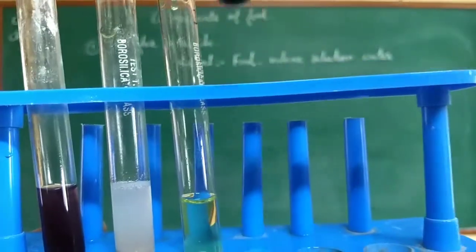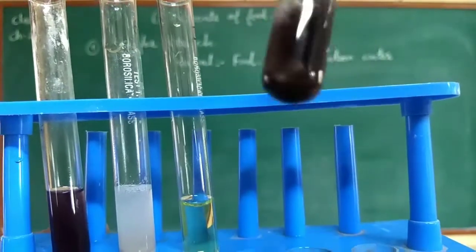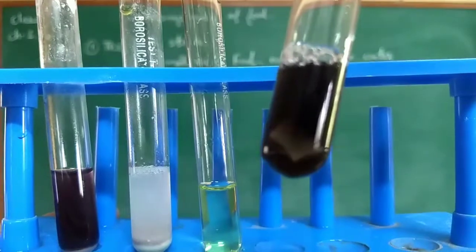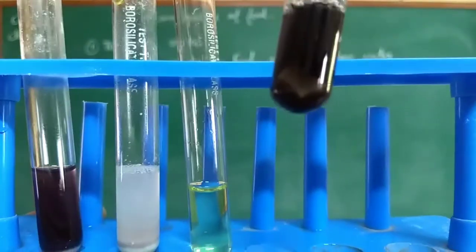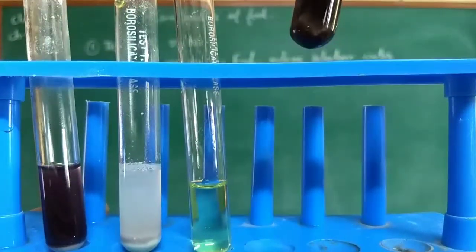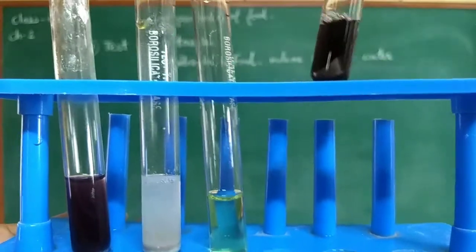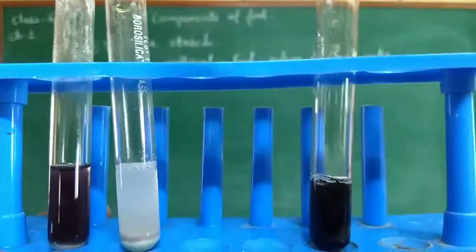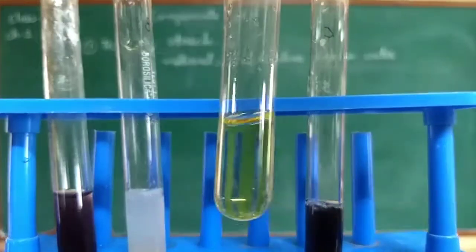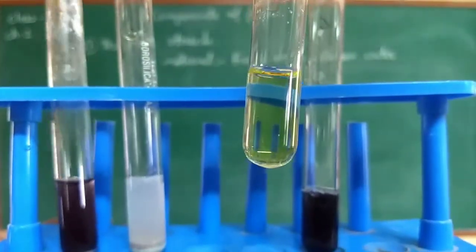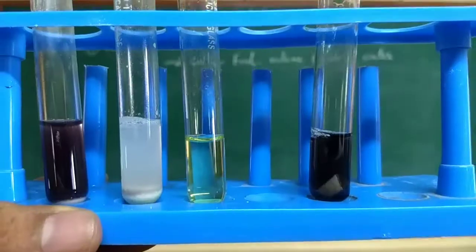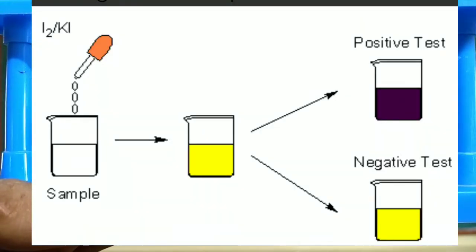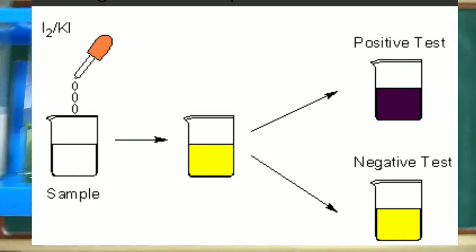In the C sample, the potato piece, due to the presence of starch, the color of the sample has changed. And sample D, which contains nothing, only the control, water and iodine, shows the actual color where there is no sample. Hope you understand by seeing the color difference.